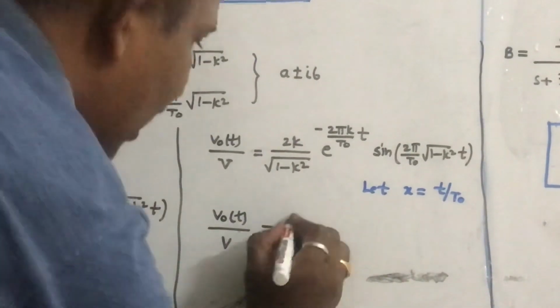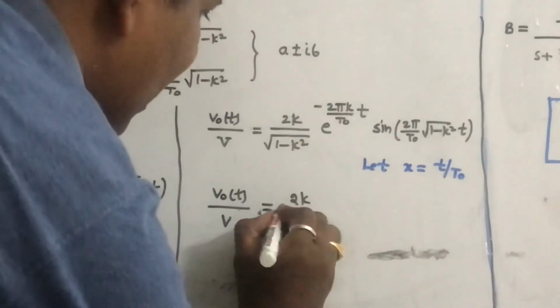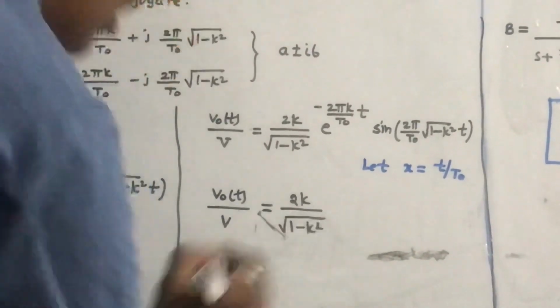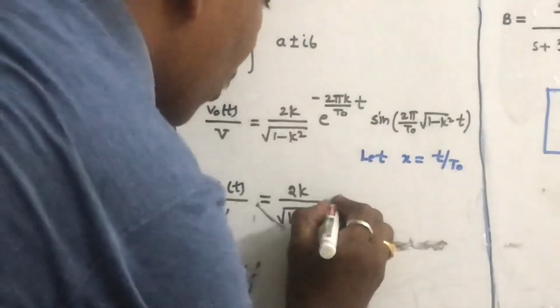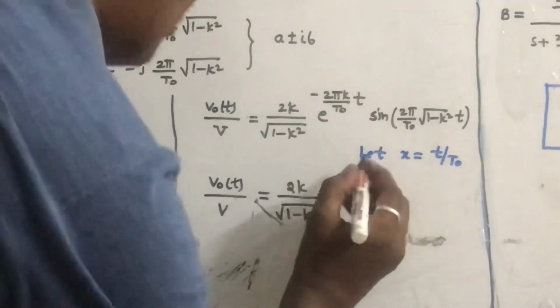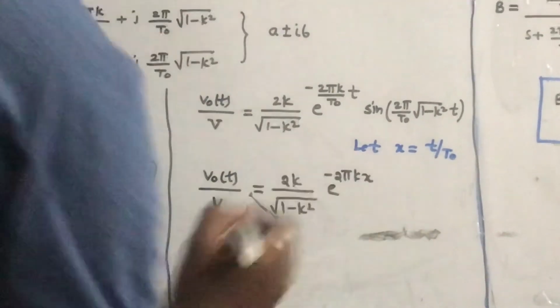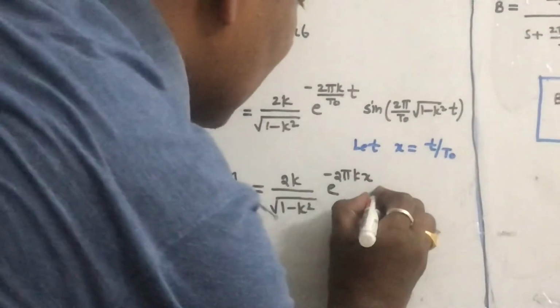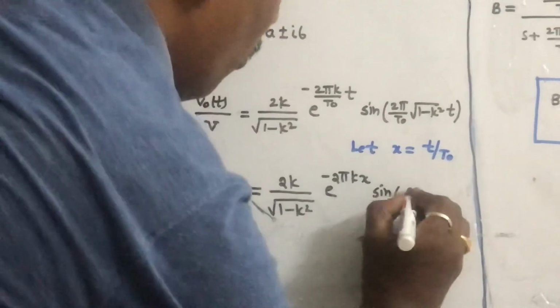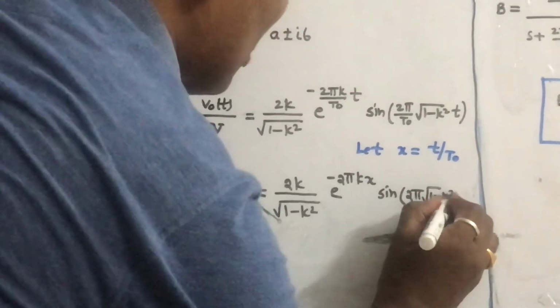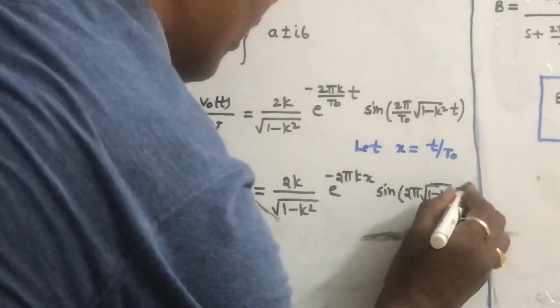We use the same relation in the ringing circuit also. I write in the ringing circuit the same formulas, 2k by square root of 1 minus k square, where t by t naught is replaced by x. So e power minus 2 pi kx into sine of 2 pi into square root of 1 minus k square into x.